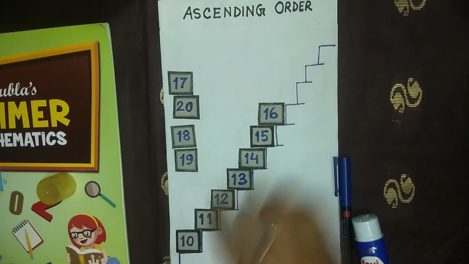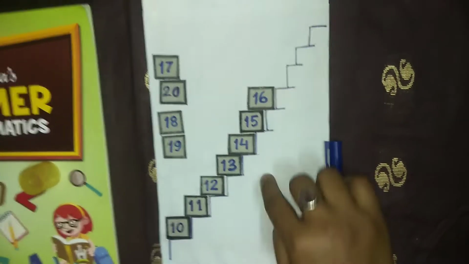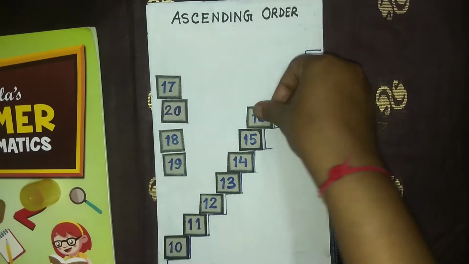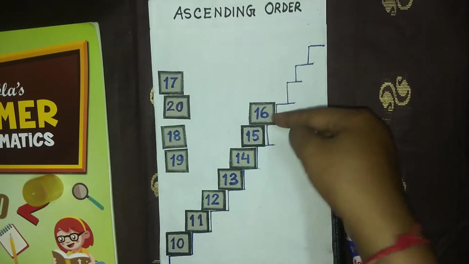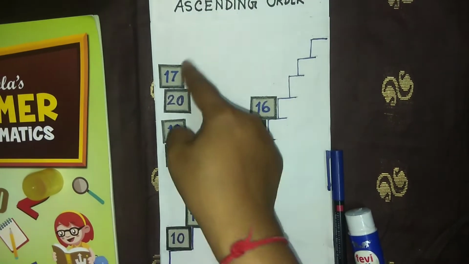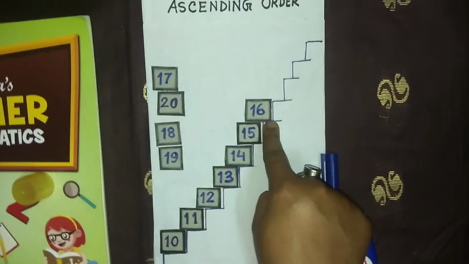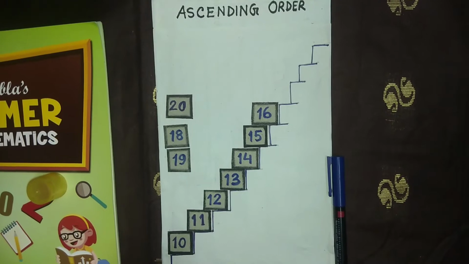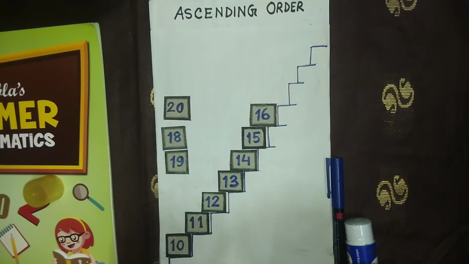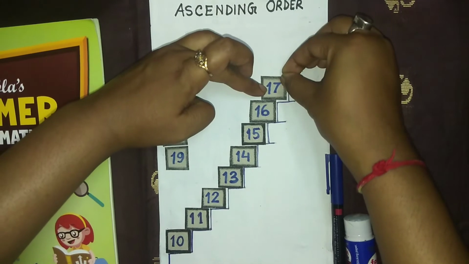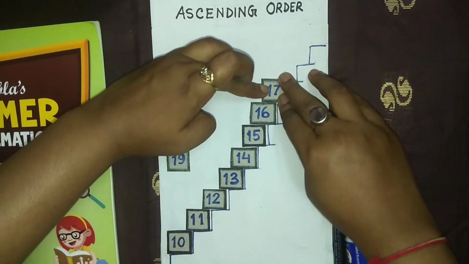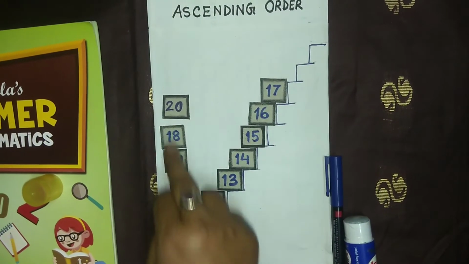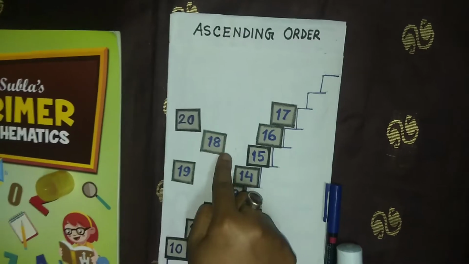So these are the steps and we will go up these steps, from down to upward. After 15 it is 16. Which number will come after 16? 17. Yes, very good, everybody says this. I'm taking it and pasting it over there. After 17, which number? 18.